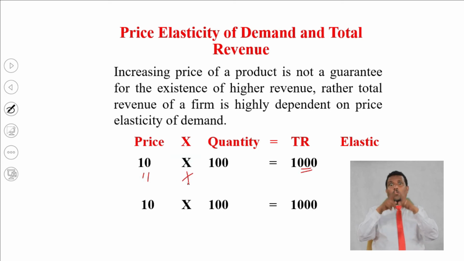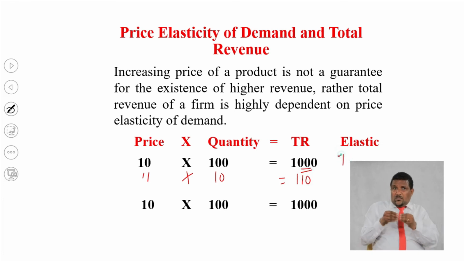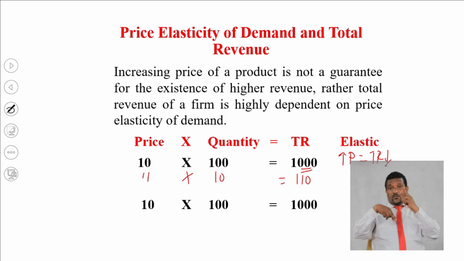Let's say the quantity demanded declined to 10 kilograms. Then what would happen to total revenue? It is 11 times 10, which is 110. So if the buyer is elastic, then with an increase in price of a commodity, the total revenue of the firm will decline. So there is an inverse relationship between price and total revenue.